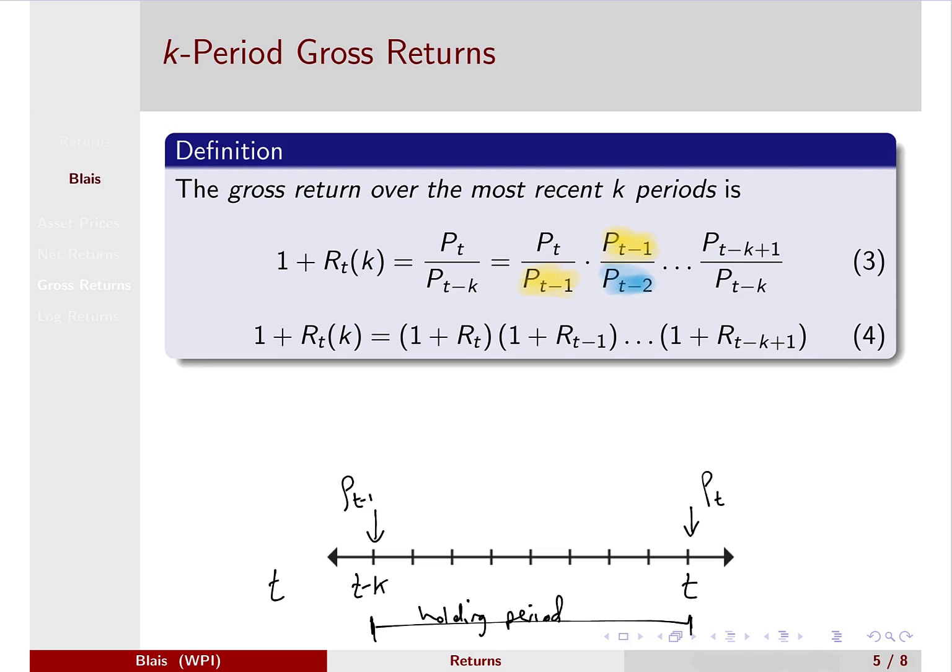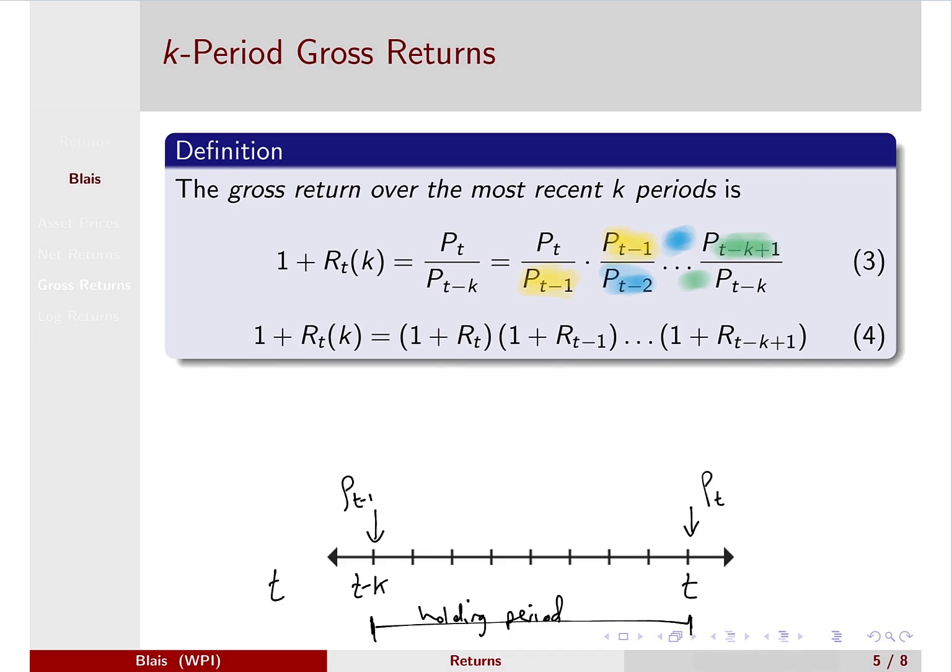P_{t-2} will have a partner in the next term. This happens up until you have a partner here for that P_{t-k+1}. The way to not be confused by this subscript here is just to note that t minus k plus 1 is just one time step after time t minus k.